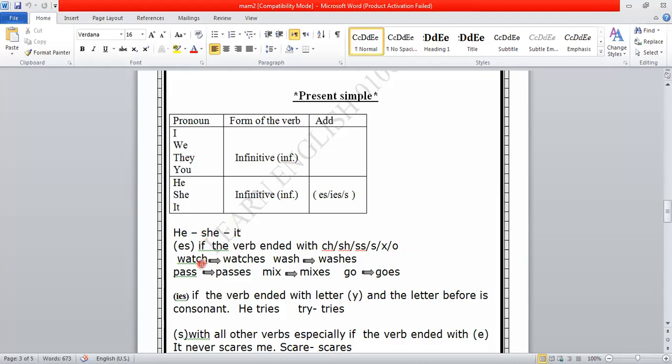Like these verbs: watch, it will be watches. Wash, it will be washes. Pass, passes. Mix, mixes. Go, goes. So I can say she goes to school on foot.